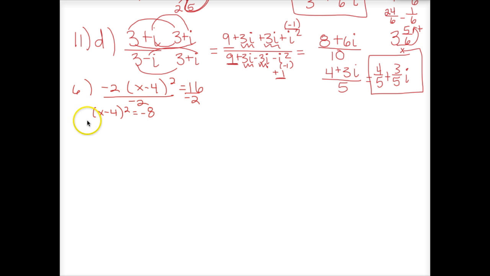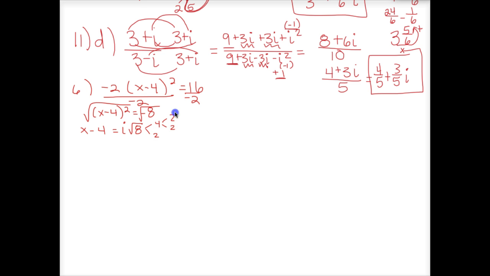Now that my squared term is alone, I can square root both sides. That gives me x minus 4 on the left. On the right, because of the negative, I get an i. And then the square root of 8 breaks down further because 8 is 4 times 2.